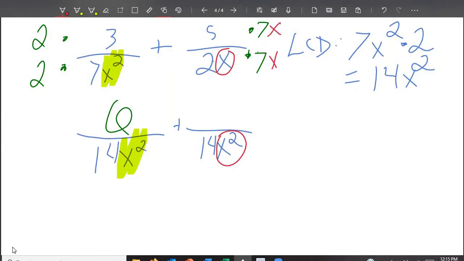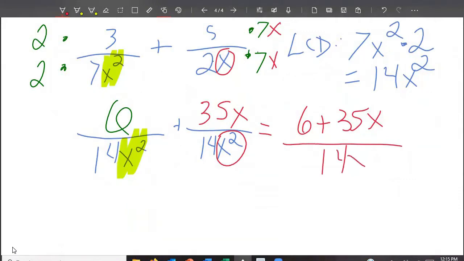So we have to multiply the top and the bottom by another x. So we get 35x squared, 35x in the top. Add the numerators. And your denominator stays 14x squared. So you're always multiplying the top and the bottom by what will give you the new denominator.